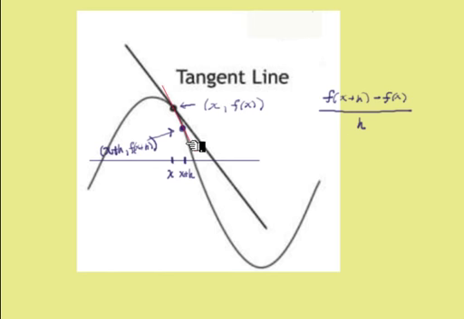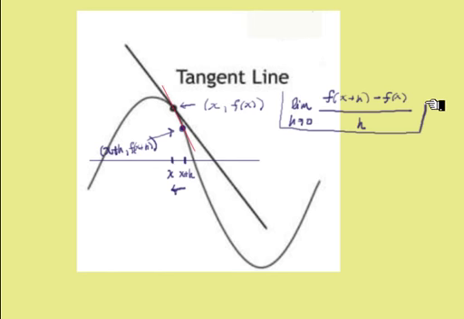And like before, if we move these points closer together, that is, if x plus h moves closer to x, then in effect h will be going to 0. So if h goes to 0, or if h gets smaller, then x plus h moves over to x. So here the limit that we put in front for the slope of the tangent line is the limit as h goes to 0, because that would move those 2 points closer.